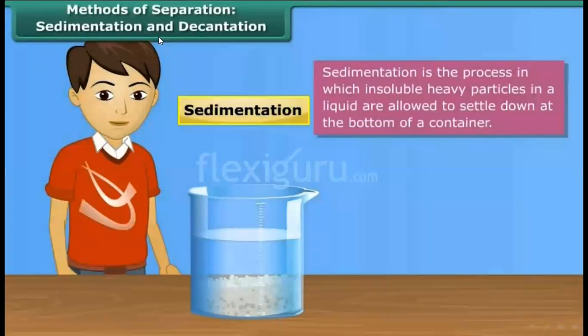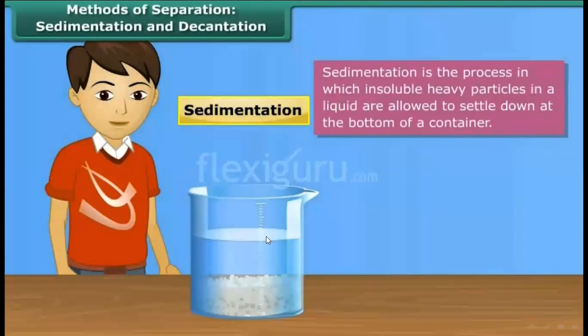Here you see the methods of separation, sedimentation and decantation. Sedimentation is the process in which insoluble heavy particles, like rice, are put in water and allowed to settle down at the bottom of a container after we give them some time. This process is also called sedimentation and decantation.